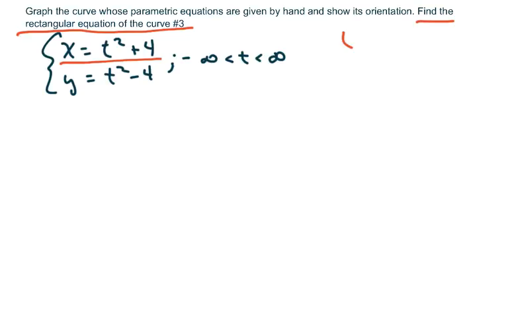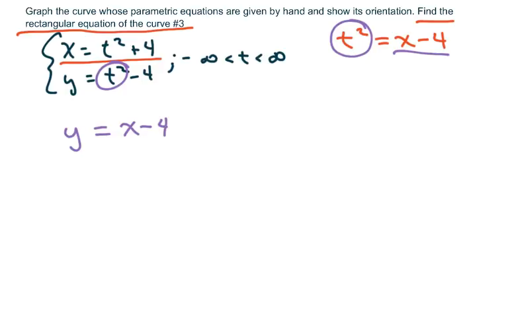When I solve for t squared, I move the 4 over and I get x minus 4. Then I substitute this x minus 4 into this t squared. So I get y equals x minus 4, and then we have minus 4 again.